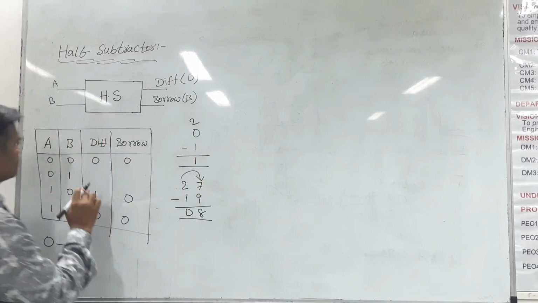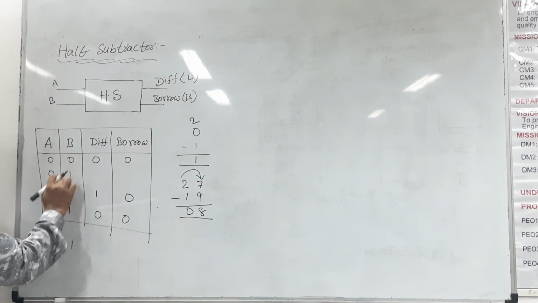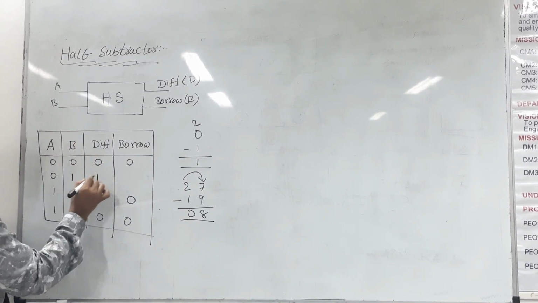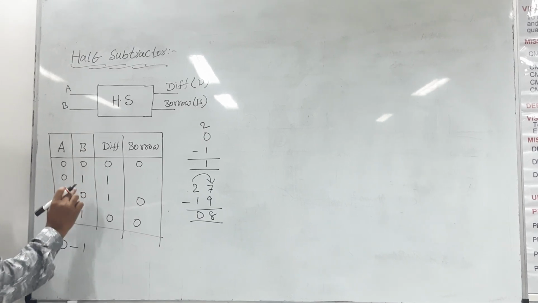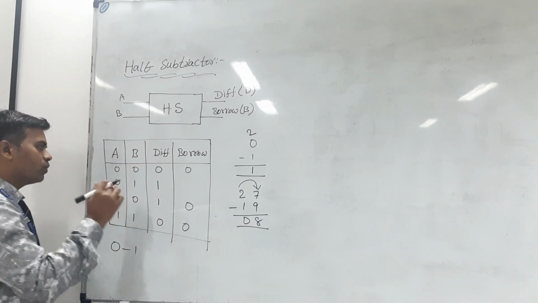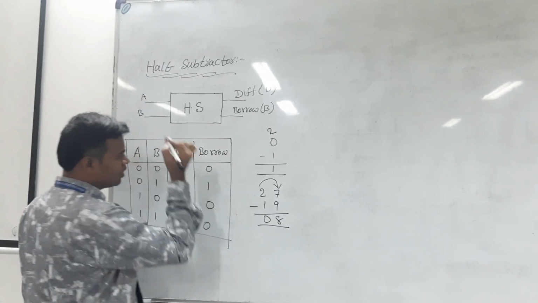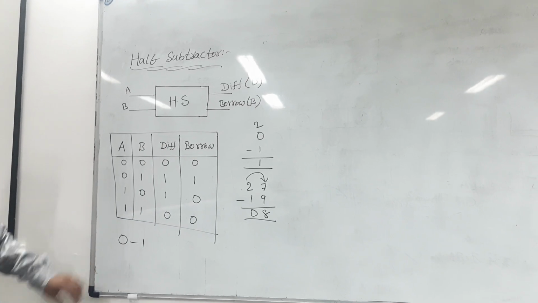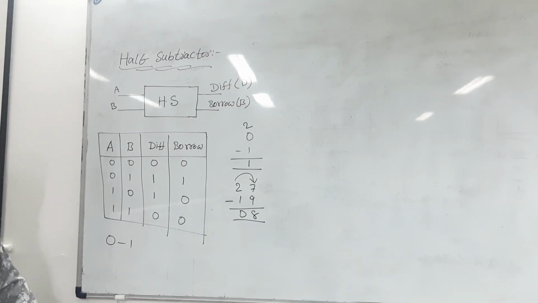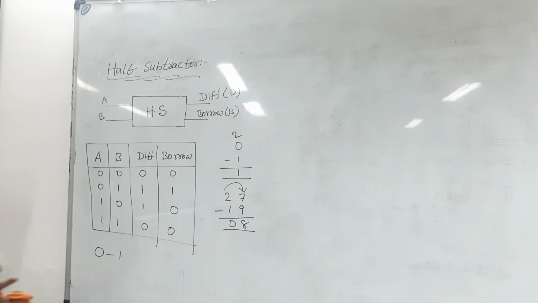After doing the subtraction, the difference value is 1. Is any borrow required? Borrow required. If the borrow is required, you put a 1.